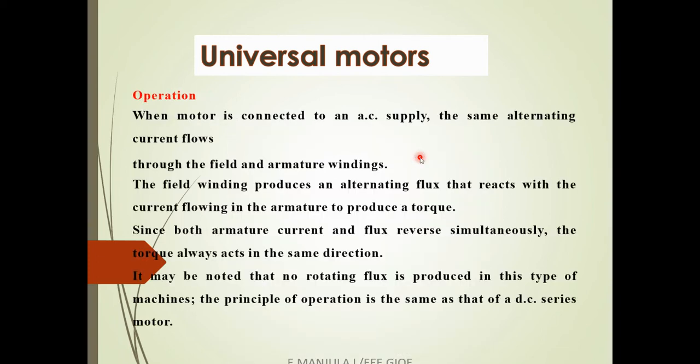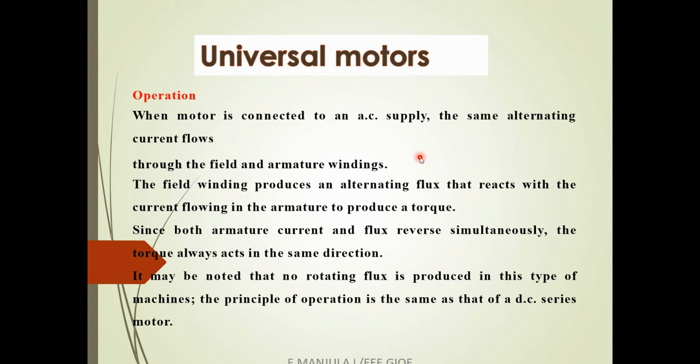So how is the operation? We will see. When the motor is connected to an AC supply, the same alternating current flows through the field and armature windings. The field winding produces an alternating flux that reacts with the currents flowing in the armature to produce a torque.